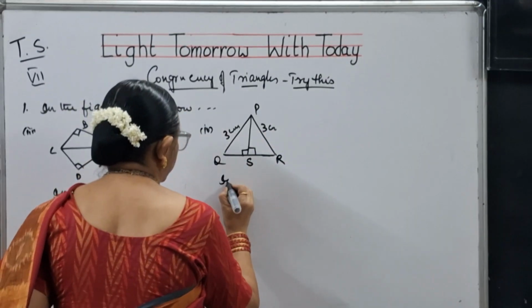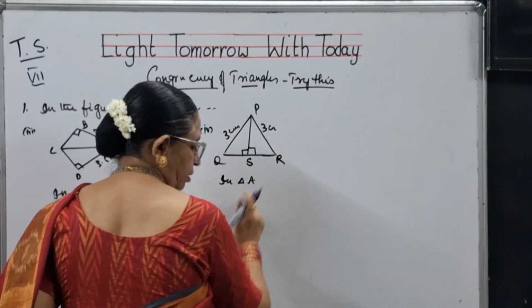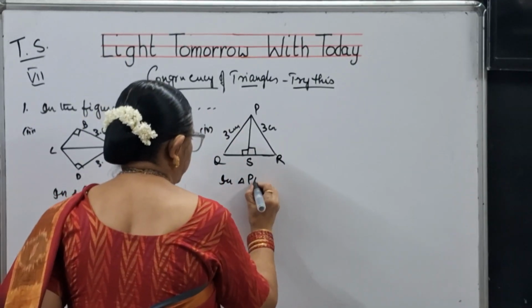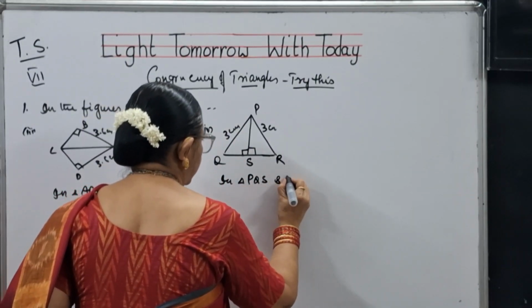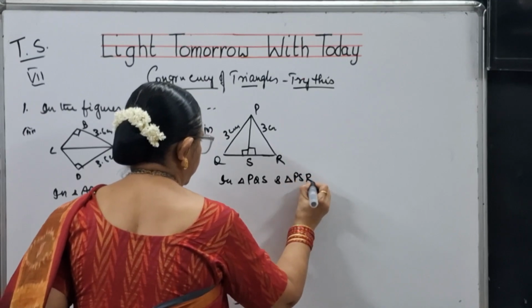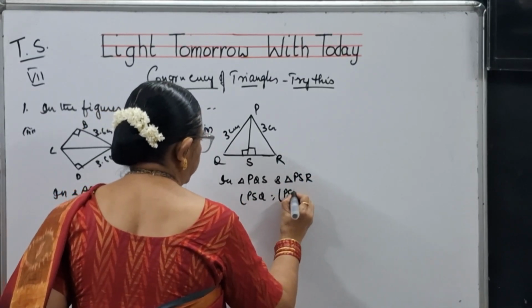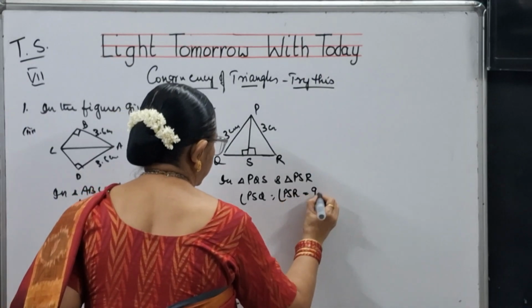So, in triangle PQS and triangle PSR, angle PSQ is equal to angle PSR, that is 90 degrees.